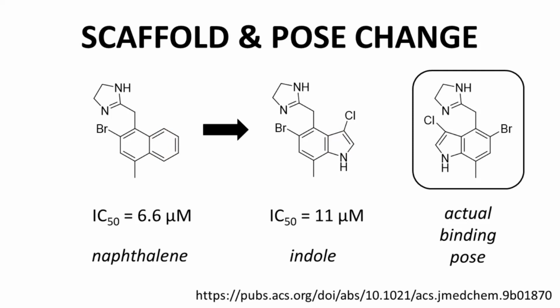Naturally, the scientists assumed that the binding pose, the placement of the molecule in the target binding pocket, would be the same. When they obtained a cocrystal of the indole analog, they were surprised. The X-ray data indicated that the position of the ring system had changed.